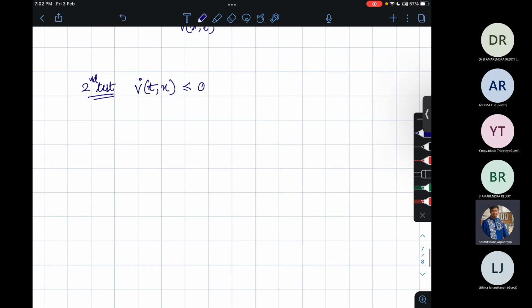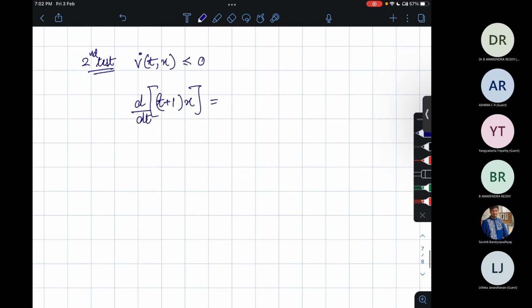So you have this v dot, the derivative of t plus 1 into x square. So d by dt of this, you have to apply the product rule over here. So it was x square, not x.